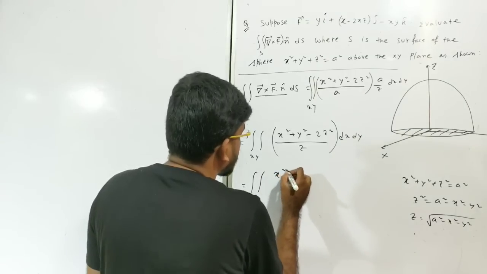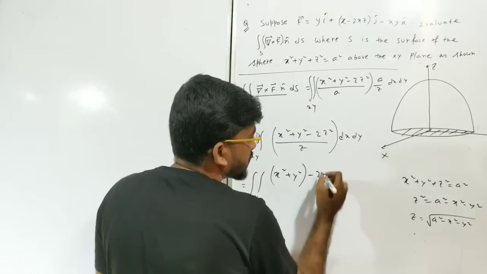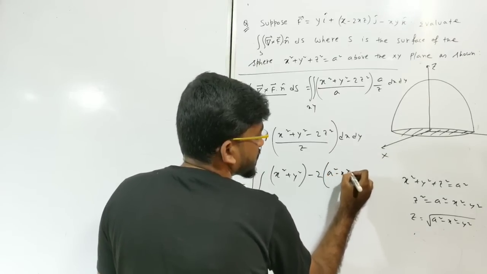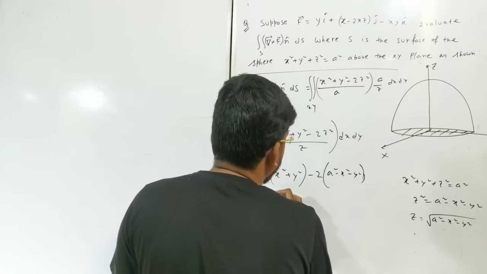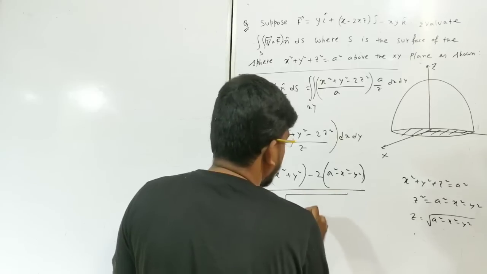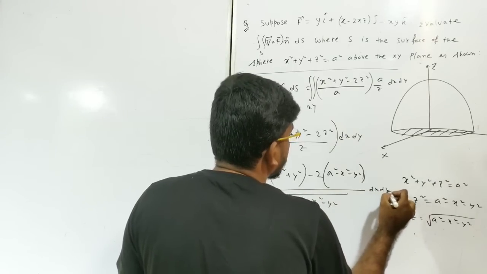If we put it here, we will get the surface integration over xy, which will be x square plus y square minus 2 into z square, meaning a square minus x square minus y square, divided by square root of a square minus x square minus y square, into dx dy.